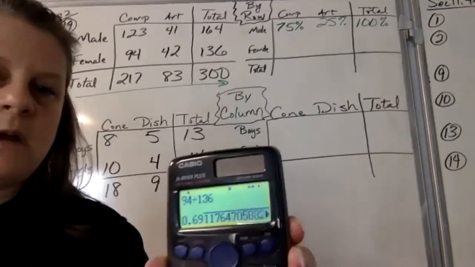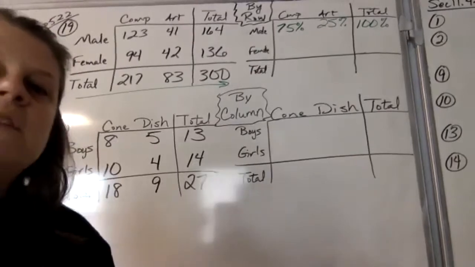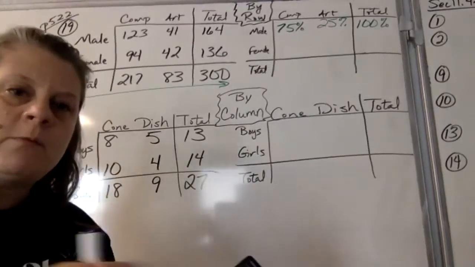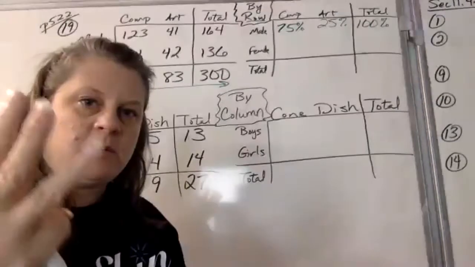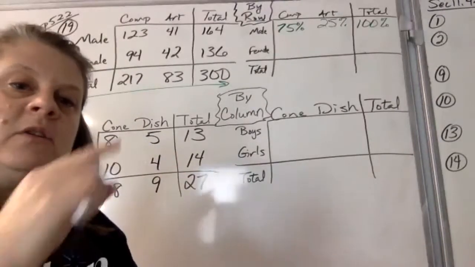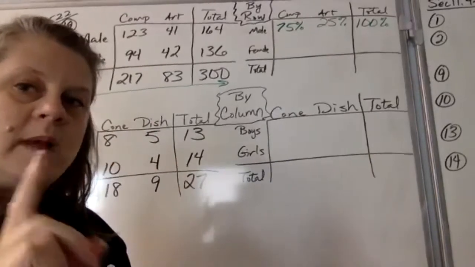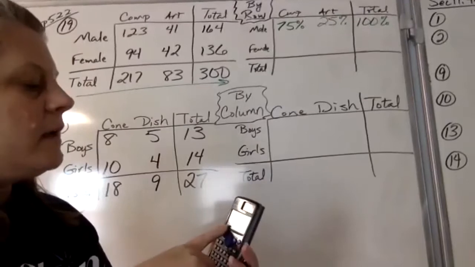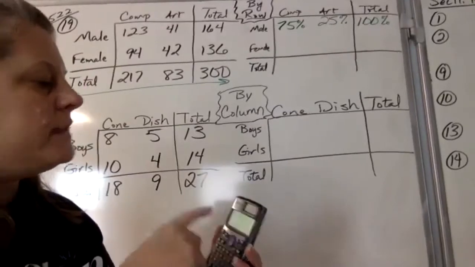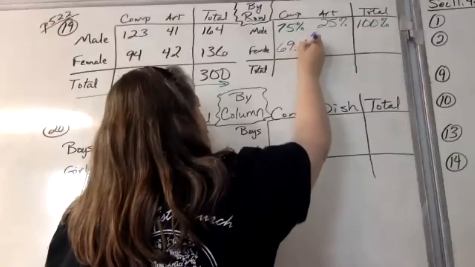See, it goes all the way across my screen, okay? Usually for these, remember when we were doing the decimals, we kept 3 decimal places, right? So since it's gonna be a percent, you gotta move the decimal point over 2 places, so you'll be left with 1 number behind the decimal point. So I'm gonna go over 2 places, so it will be 69.1%.